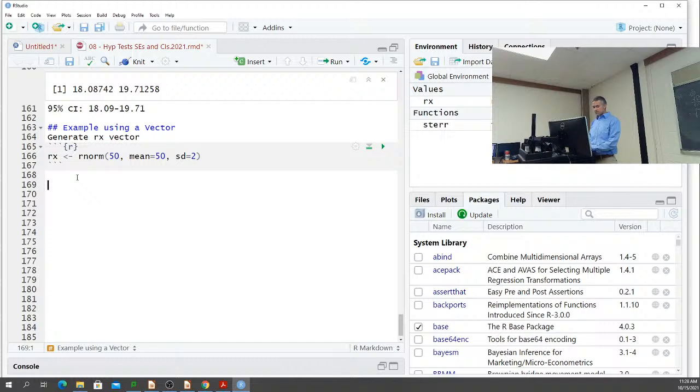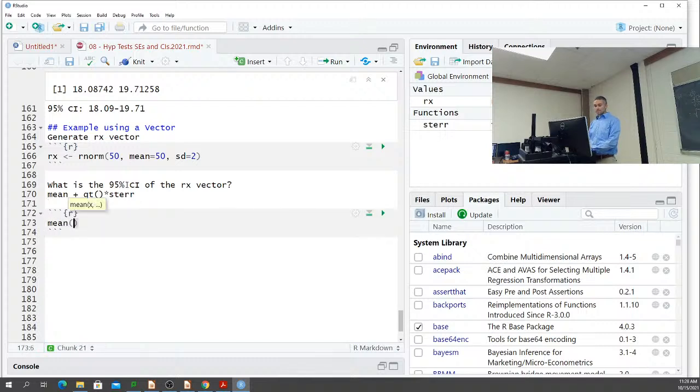So what is the 95% confidence interval of the Rx vector? All right, again, it's mean plus our Qt function times our standard error. In this case, I'll use sterr.